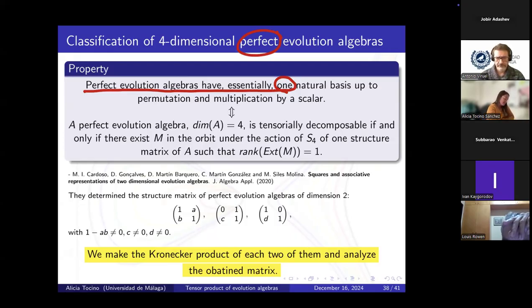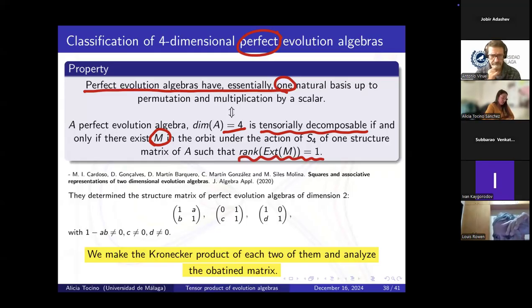So thanks to this, a perfect evolution algebra of dimension 4 is tensorially decomposable if and only if there exists a matrix in the orbit, under the action of the symmetric group of order 4, of one structure matrix of A, such that the rank of the extended matrix is 1.